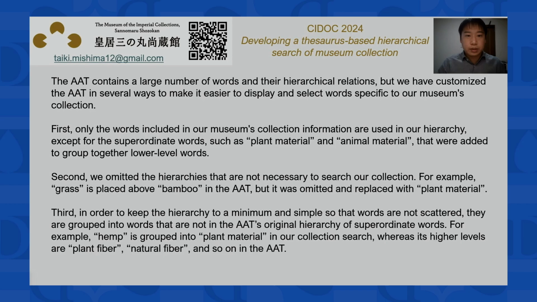The AAT contains a large number of words and their hierarchical relations, but we have customized the AAT in several ways to make it easier to display and select words specific to our museum's collection.